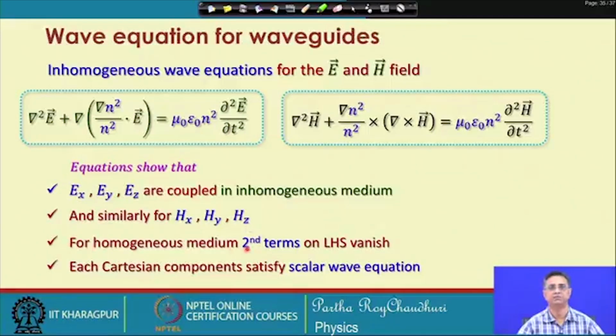For homogeneous medium, we have discussed that the second term of the LHS becomes 0 because there is no del n square, and also for this part, and it reduces to the wave equation for homogeneous medium, but each Cartesian component of this equation will satisfy the scalar wave equation. Each of the components, for example, E x, E y, E z, H x, H y and H z, all of them will satisfy the scalar wave equation.